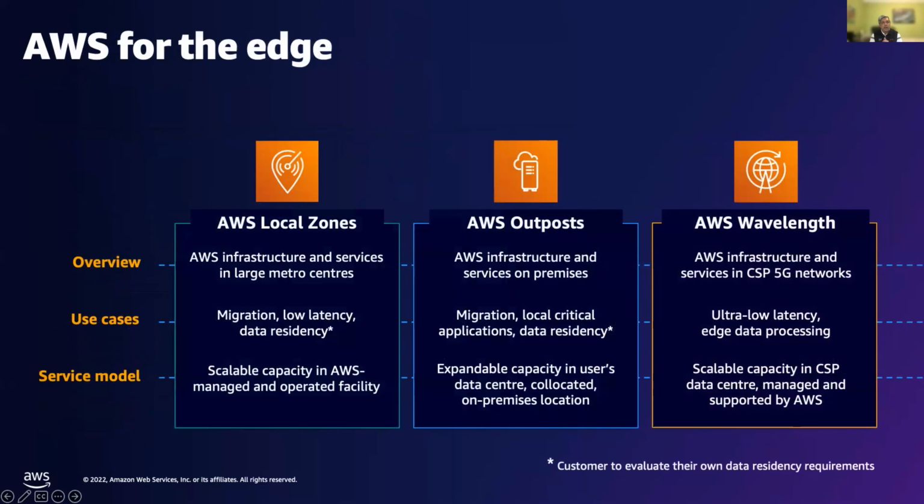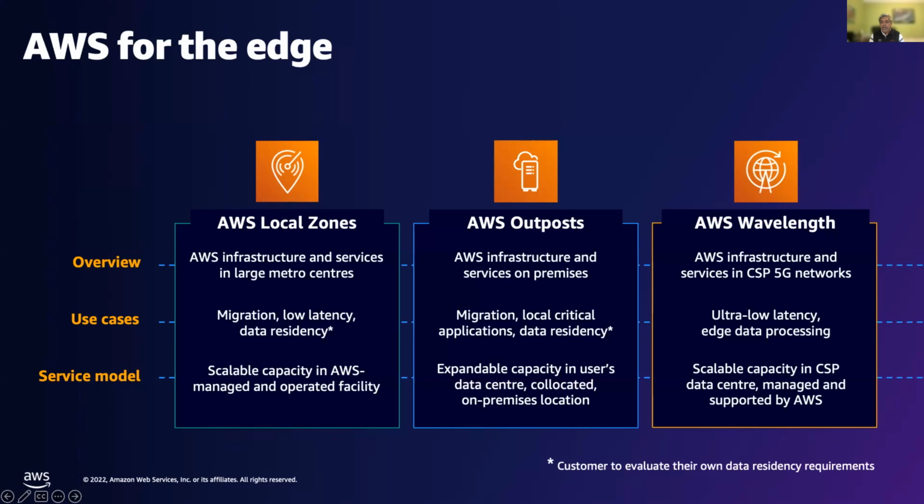So essentially, from an AWS point of view for the edge, we have three main services. One is AWS Local Zones, which brings compute, storage, database, and other select AWS services close to large population and industry centers, providing lower latency for demanding applications like media and entertainment, content creation, gaming, and so on.